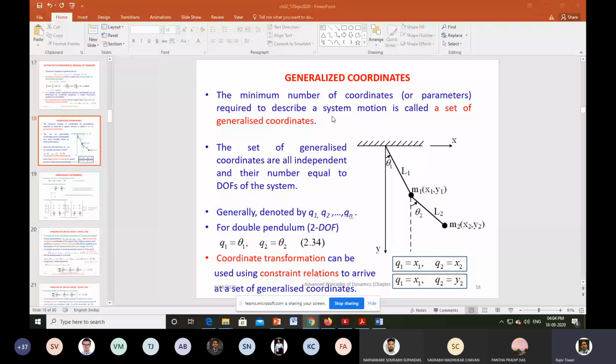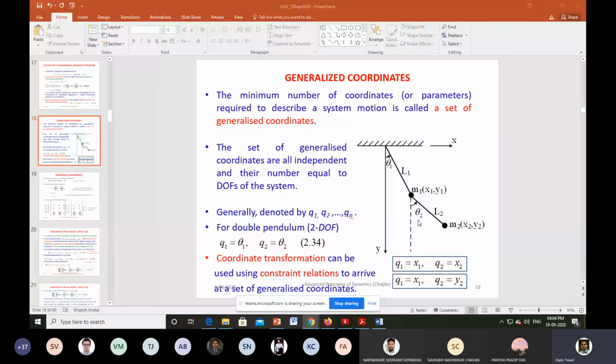Their number will be equal to the degree of freedom of the system, but we have a choice of which set to use, and the choice will depend upon the equation of motion we get. The equation of motion will have a different form if we take a different set of generalized coordinates, but the final characteristics of the system, like natural frequency, will not change. Only the form of the equation of motion will change.